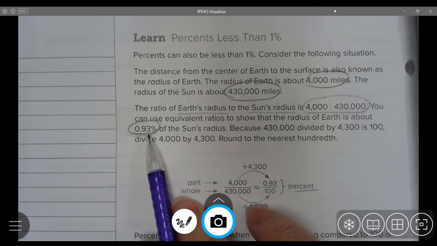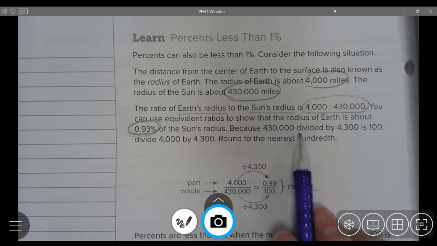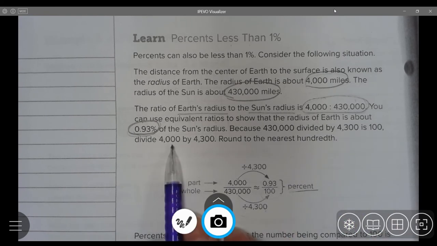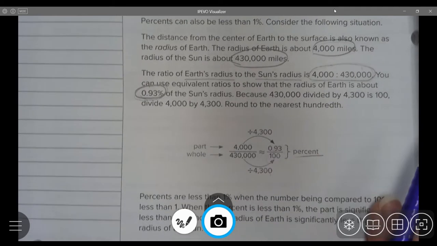This is a hundredths. That means it's less than 1. Because 430,000 divided by 4,300 is 100, divide 4,000 by 4,300 and round to the nearest hundredth.